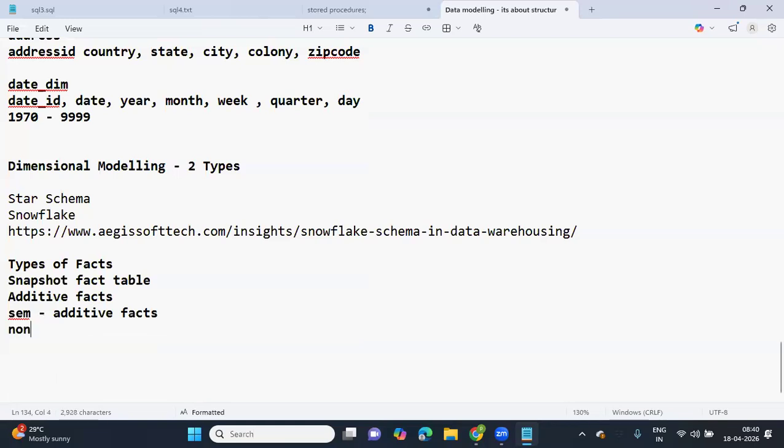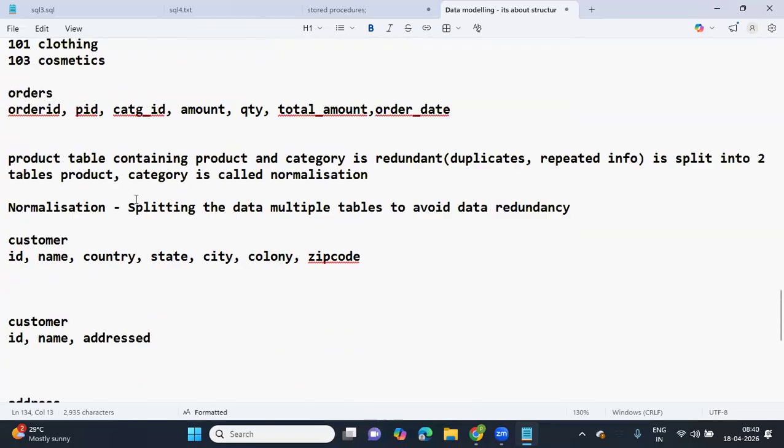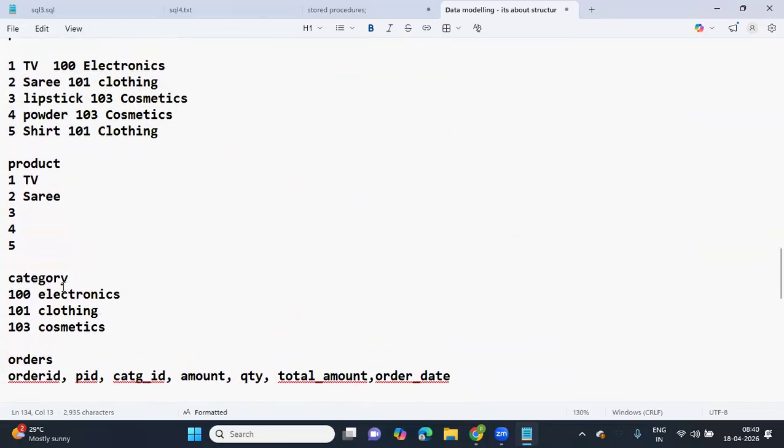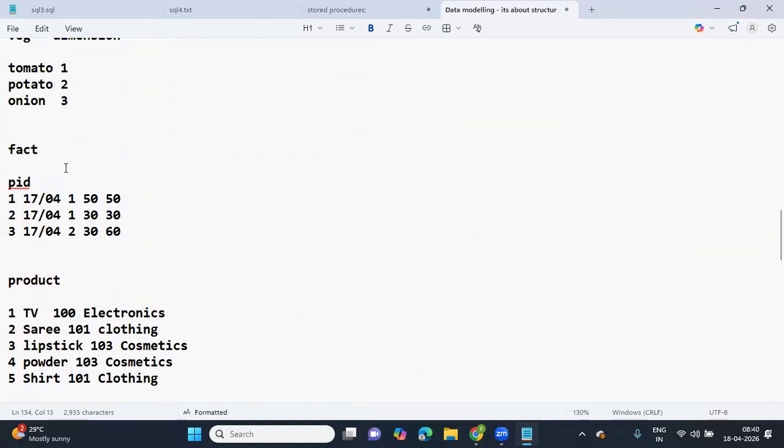Semi-additive and non-additive. The fact table holds quantities and measures. Some of them we will be able to add, and some of them we will not. Let's say for tomato and potato, these quantities we can add. Somewhere I have written that these quantities we were able to add.